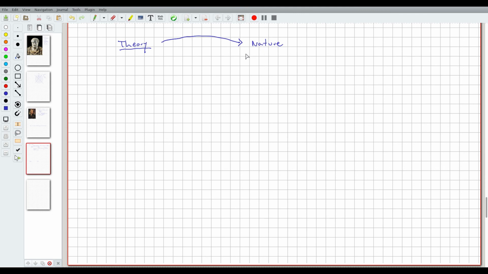Now, when you do some sort of empiricism in order to measure nature, unfortunately, you have to deal with mathematics. I say unfortunately, I actually enjoy math. So, math is the interface, basically, between theory and reality, if you want to think of it like that.